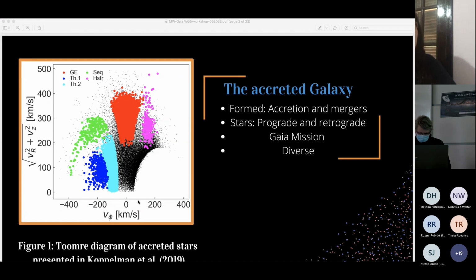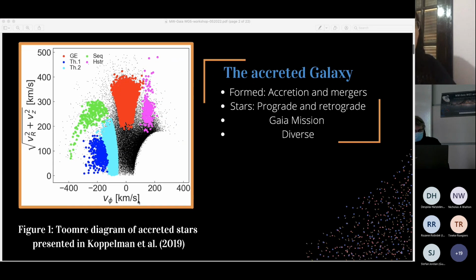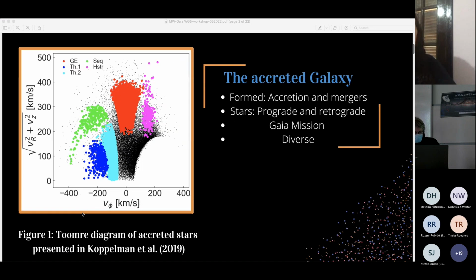If you see here in figure 1, we have the Sturmer diagram from Koppelman and collaborators 2019, where the stars in black are stars from the Milky Way, stars likely born in situ, while each of these groups of stars with different colors represents stars that might have a different progenitor. This illustrates how the Milky Way is a beautiful mosaic of different stellar populations with different origins.